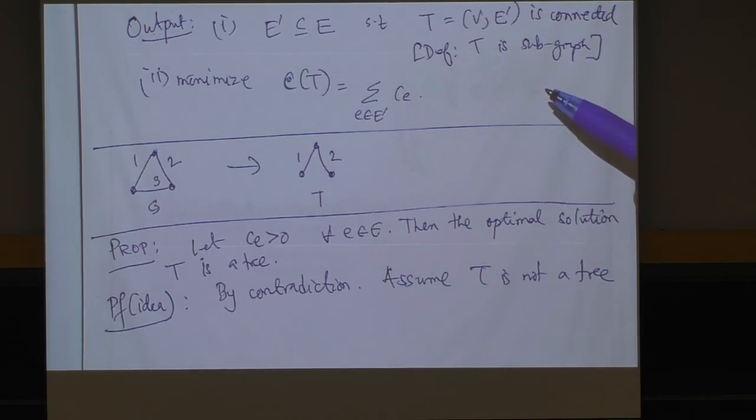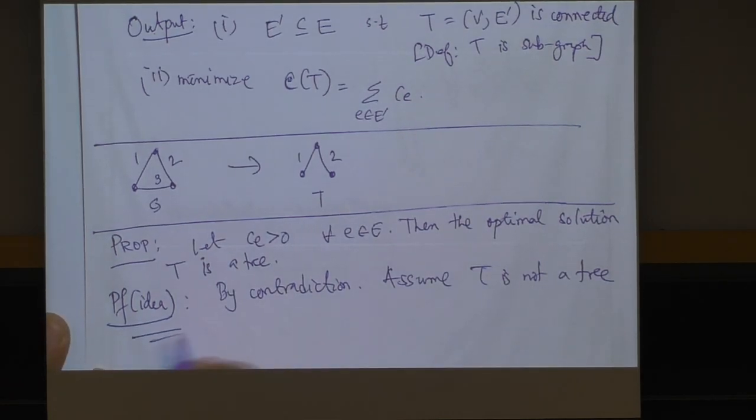Like a cycle, right? Because a tree is undirected, connected, and has no cycles. So if it already is connected and undirected and is not a tree, then it has to have a cycle. So as T is connected, T has a cycle.